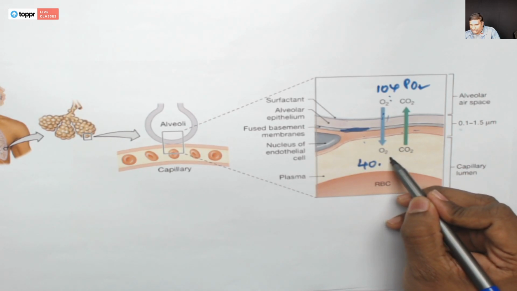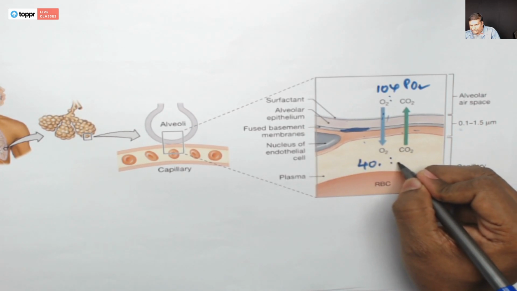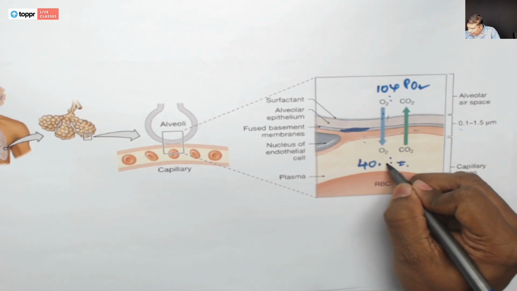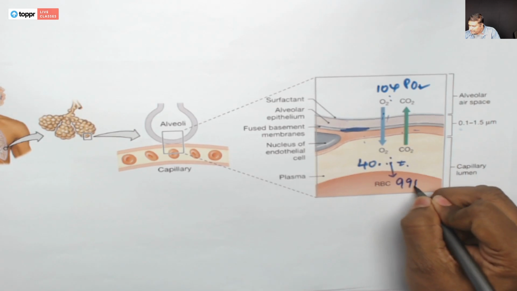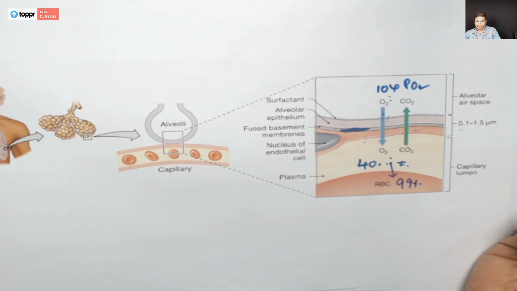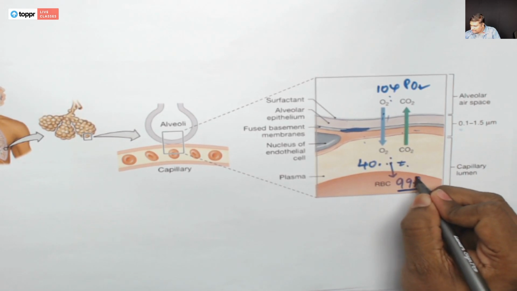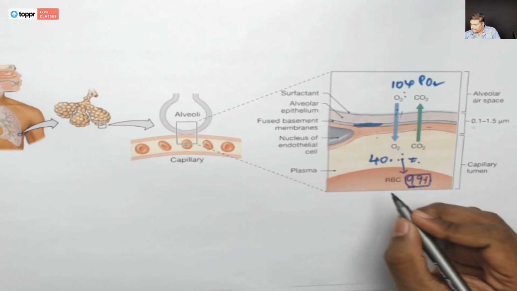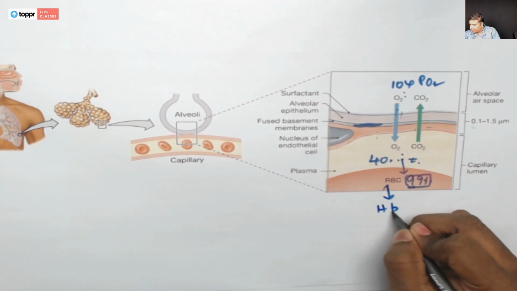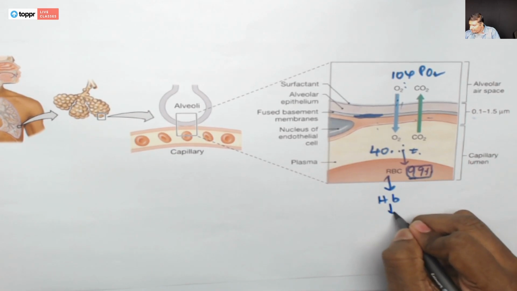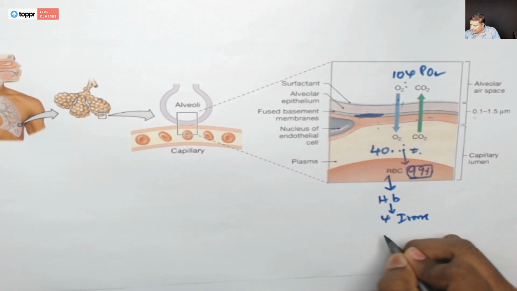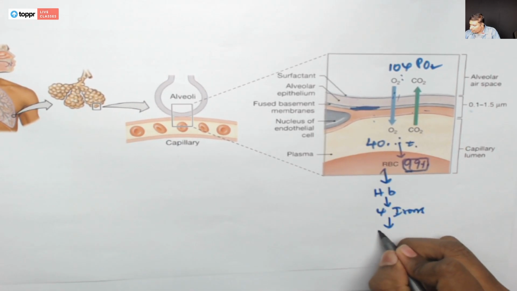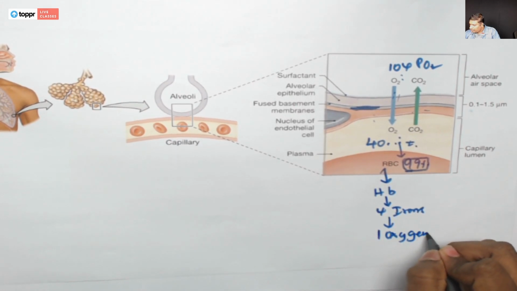Once it enters the plasma, a very small portion of it stays dissolved in the plasma. Almost 99% is entering the RBC. Now what is happening to this oxygen which is entering the RBC? In the RBC we have hemoglobin, each hemoglobin molecule has 4 iron atoms, and each of these iron atoms will bind one oxygen molecule.